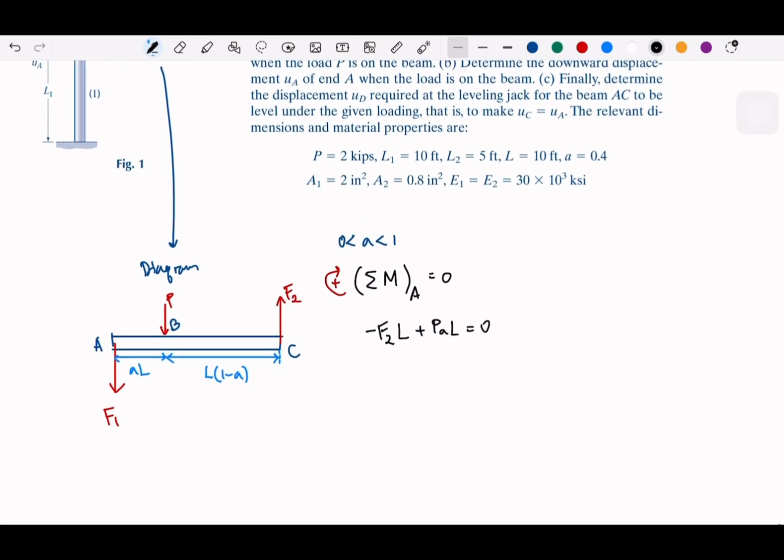And then we have sigma M with respect to C. So this will be negative F1 L plus, or minus, right, P L(1 minus A) equals 0.